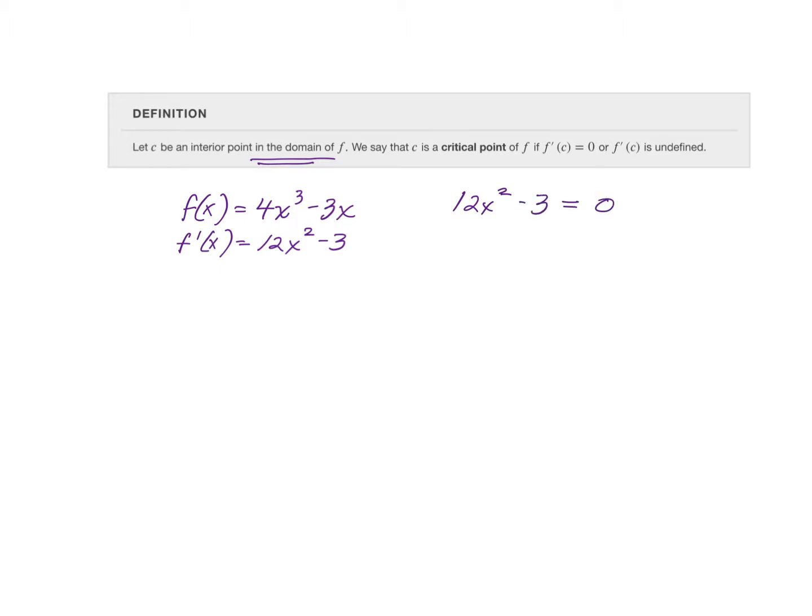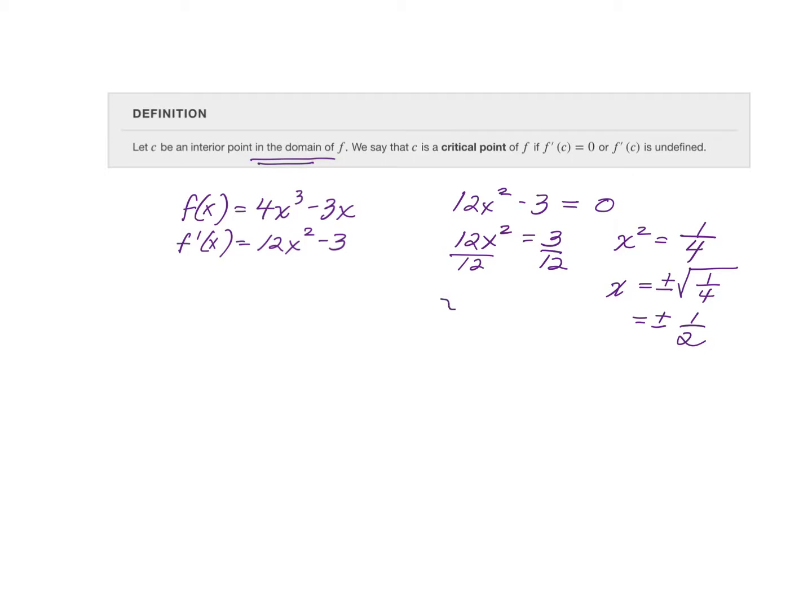Now we just solve for x. I'm going to add 3 to both sides, so I get 12x squared equals 3. I'm going to divide both sides by 12, so I get x squared equals 1/4. Then I take the square root of both sides, and remember when we take the square root we have to have the positive and negative root, so it's positive or negative 1/2.